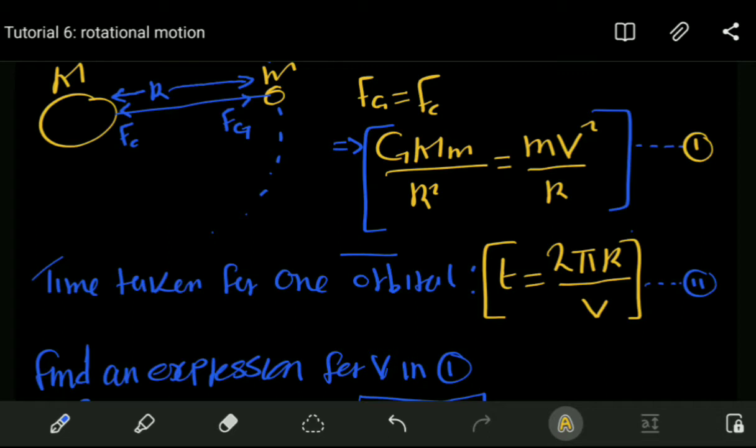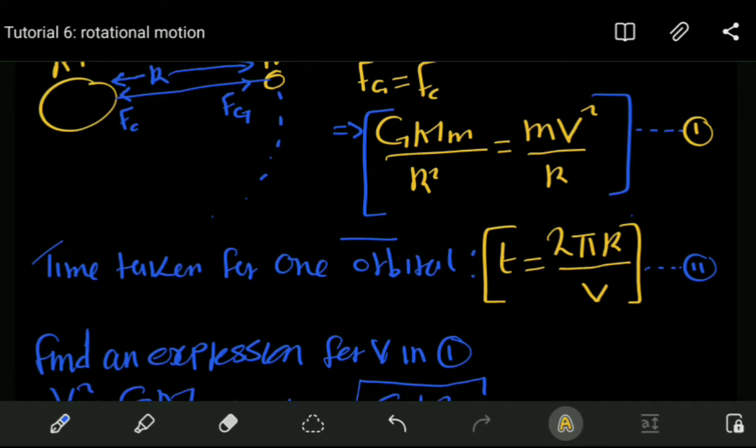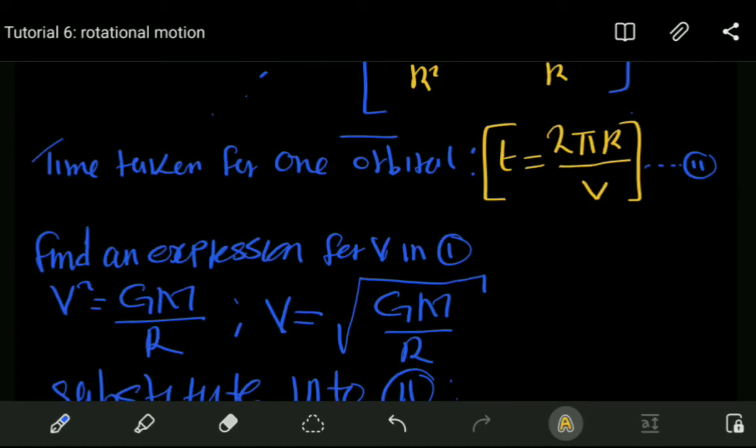In order for us to do that, we first find the expression for v in equation 1, and then after finding the expression for v, we substitute that expression into equation 2, and then we make the mass of the Earth the subject of the formula.